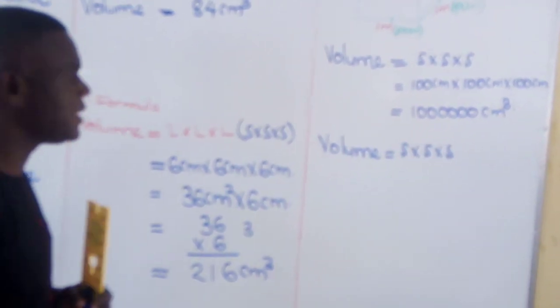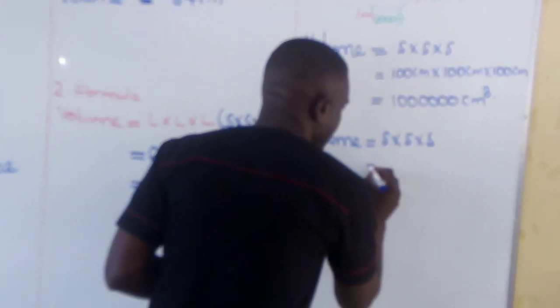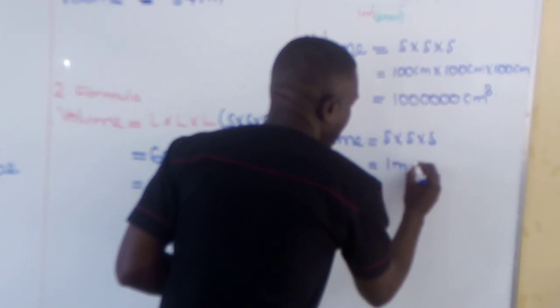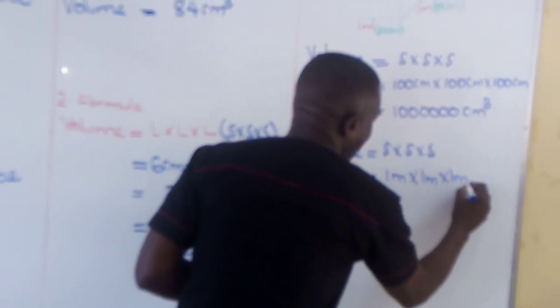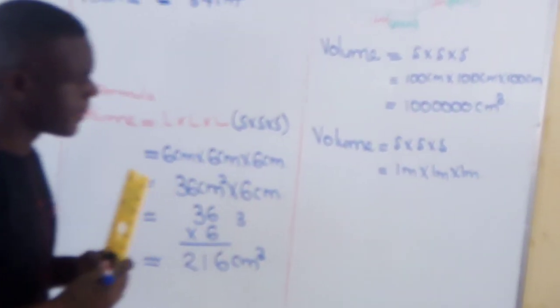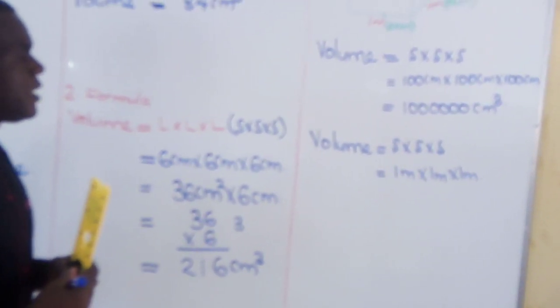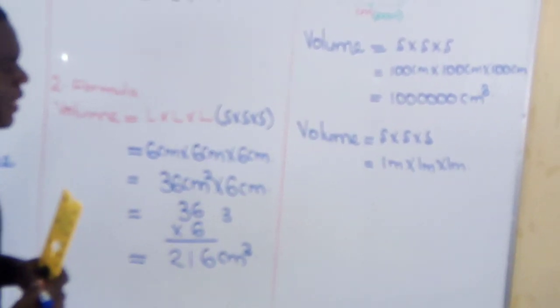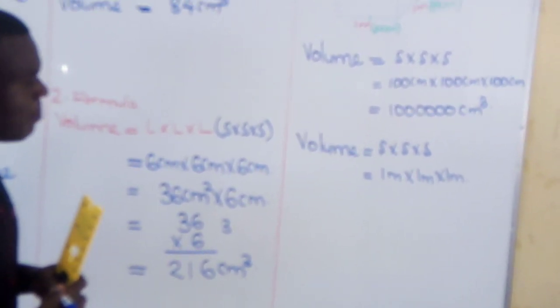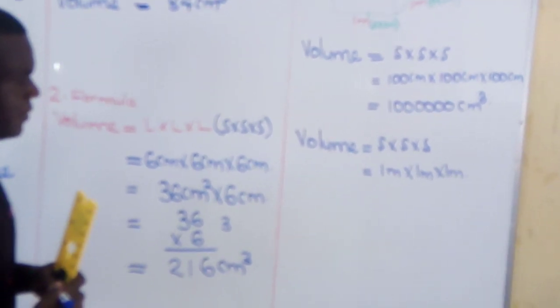Our side in meters will be 1 meter multiplied by 1 meter multiplied by 1 meter. The volume in cubic meters will be 1 multiplied by 1 multiplied by 1.